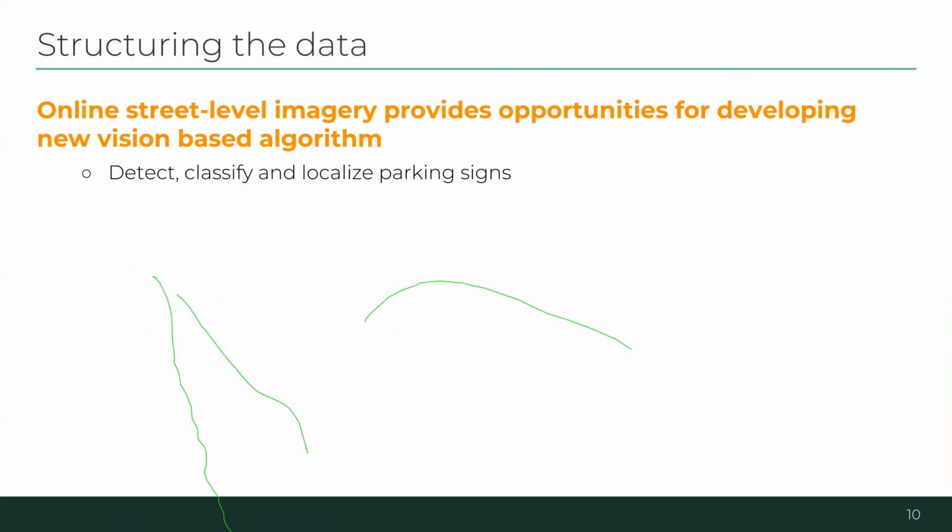Online street level imagery provides an opportunity for developing new vision-based algorithms to detect, classify, and localize parking signs. Street level imagery contains great information about parking rules, but that information located in the images needs to be converted into a structured format to become useful.